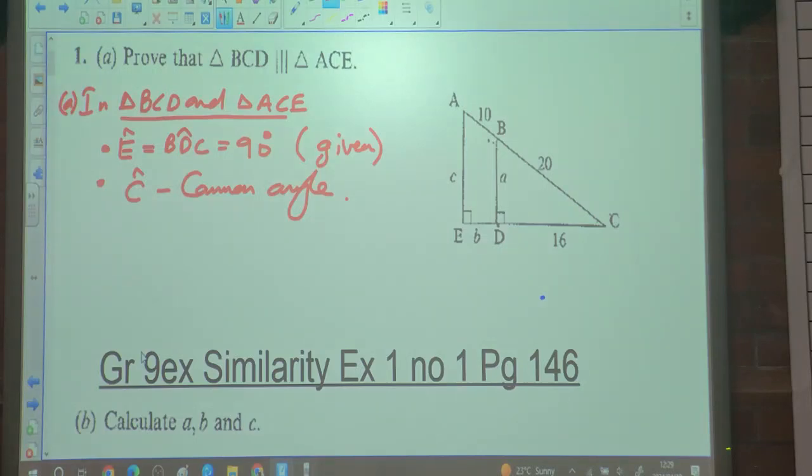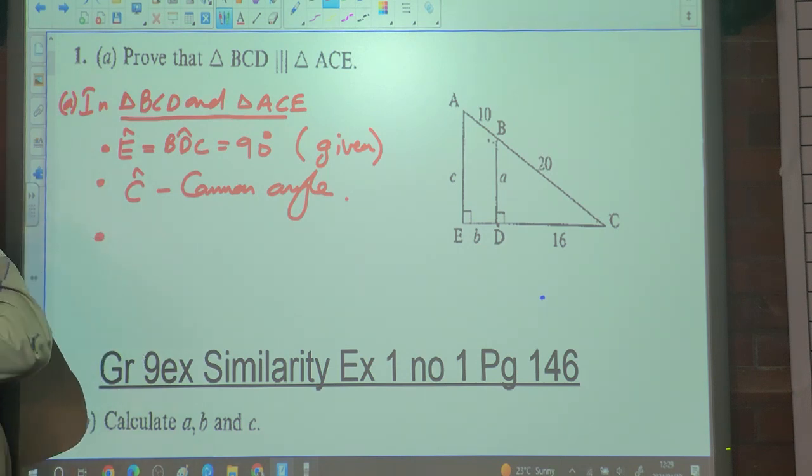Later on when we speak about congruency and we have a side that is in both triangles, then you will say common side. You guys understand? Because this angle is in both, it's a common angle. Okay.